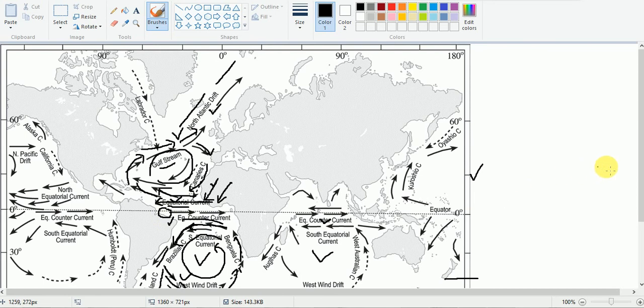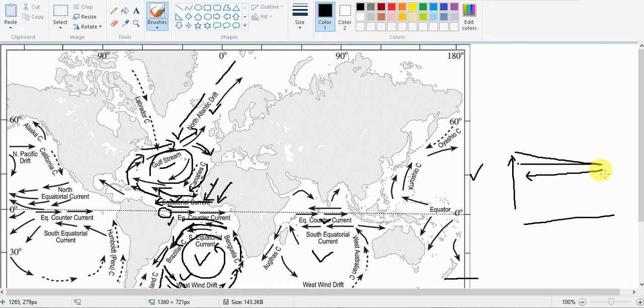Just see here, this is the bottom of the ocean and this is the sea level. When there is continuous flow of water from the east towards the west, then there is piling up of water.